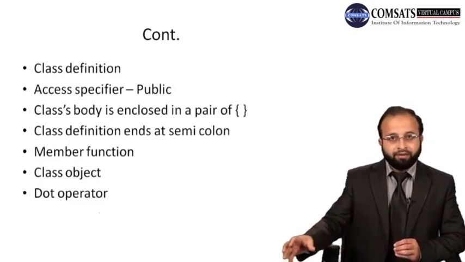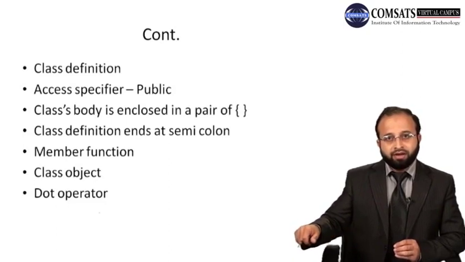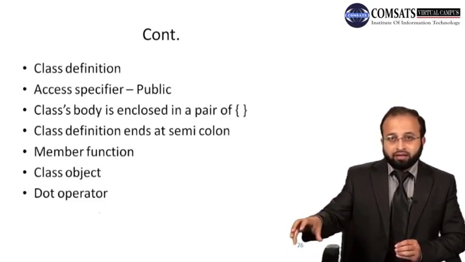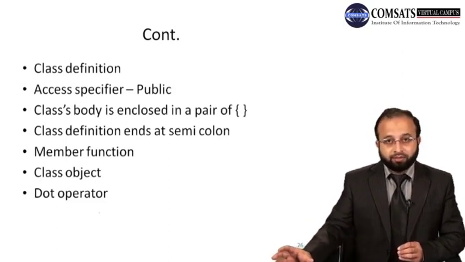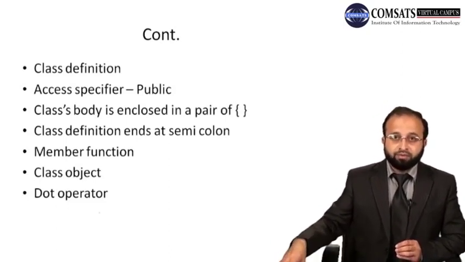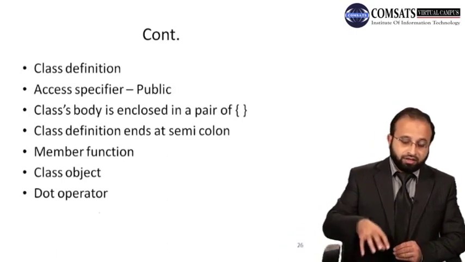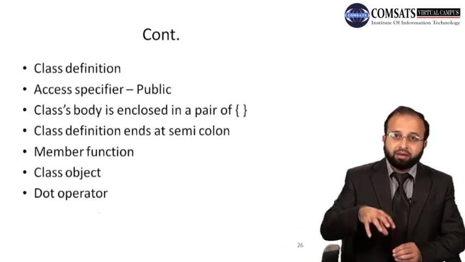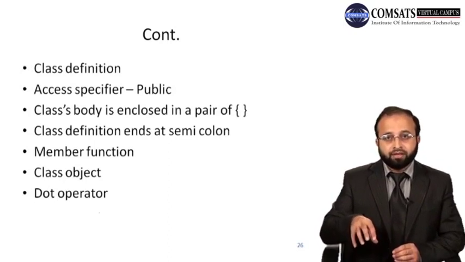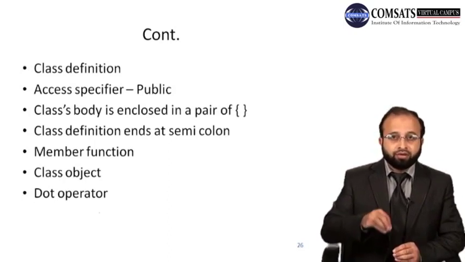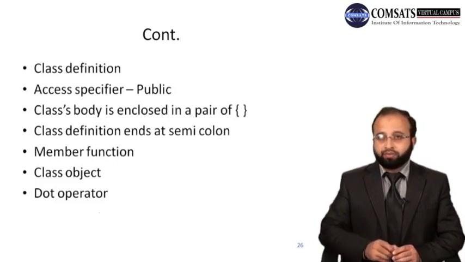In the real world we have a lamp. If we want to execute its behavior, turning on, then I have to apply the turning on behavior on some kind of lamp, so the lamp must be there. In the same way, if we want to execute any public member function of a class, then we have to execute it with the object using a dot operator.